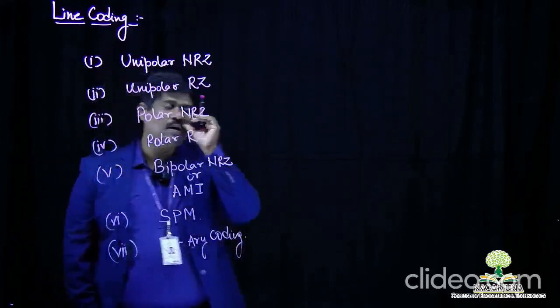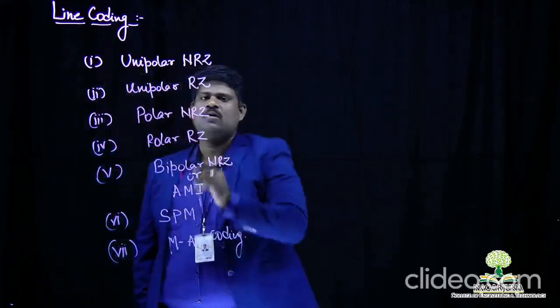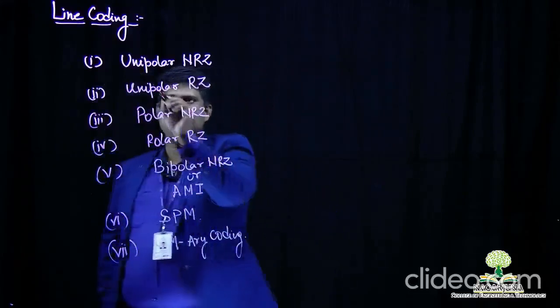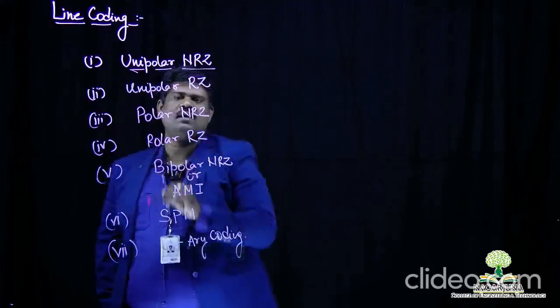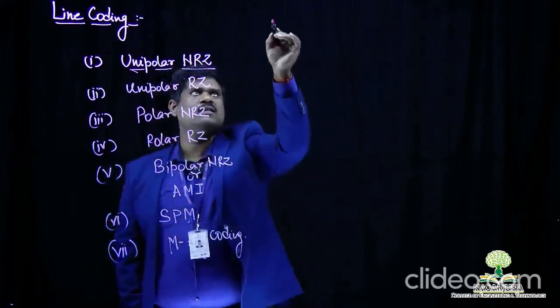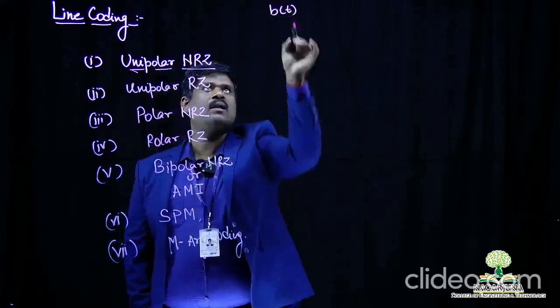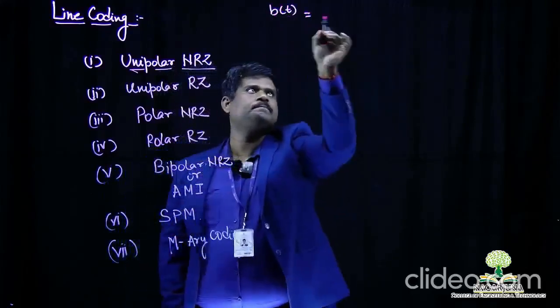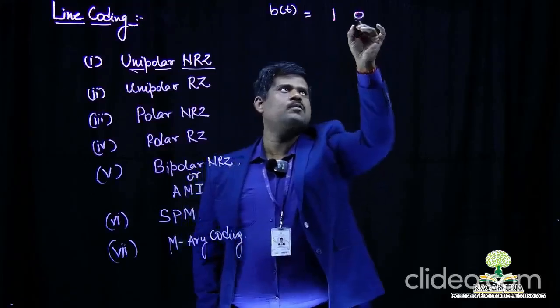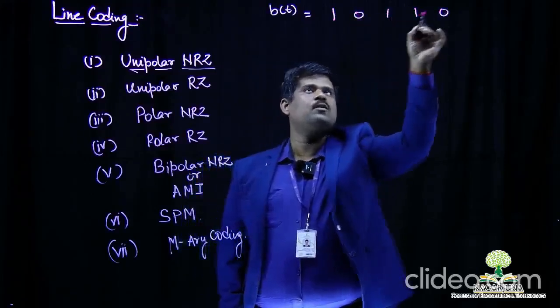So what is unipolar NRZ? According to the nomenclature, two terms are there: first is unipolar and second is NRZ. Suppose, for an example, we have a binary data sequence 1, 0, 1, 1, 0.